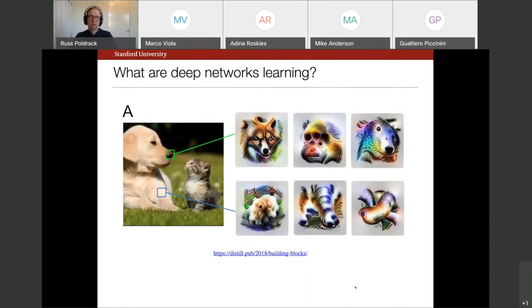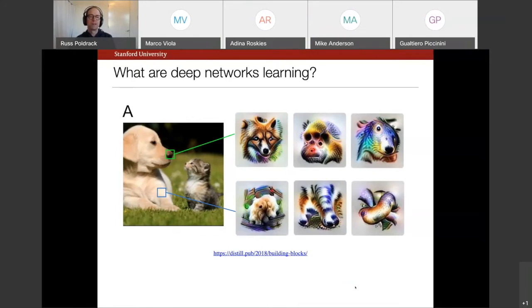Now, what are these networks learning, right? Neuroscientists have spent a lot of time trying to dig in to say what's being represented in the brain of animals. It turns out you can do this kind of in silico electrophysiology with neural networks as well. This is work by Chris Olah, really amazing work you can find on his website.